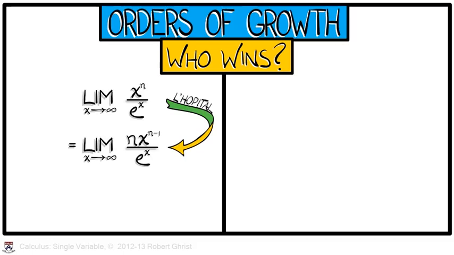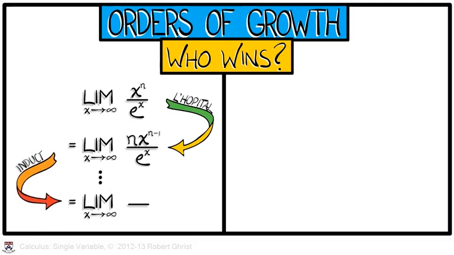Now, if we continue doing this, applying L'Hopital's rule, then eventually, since n is a positive integer, we will get something times x to the 0. That something is, as you can check, n factorial. Whatever it is, it's a constant.